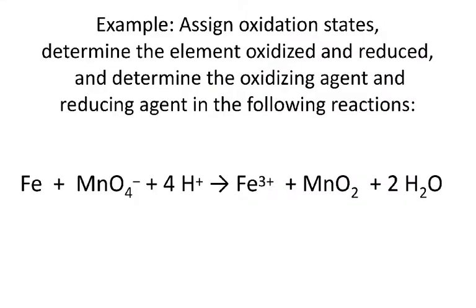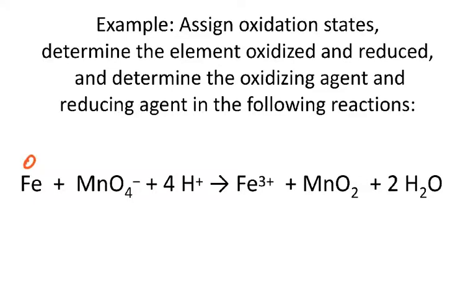All right, here is a big oxidation reduction problem for you to work through. Assign oxidation states, determine the element oxidized and reduced, and determine the oxidizing agent and reducing agent in the following reaction. So step 1, assign oxidation states. Our iron is going to have an oxidation state of 0. It's a free element.